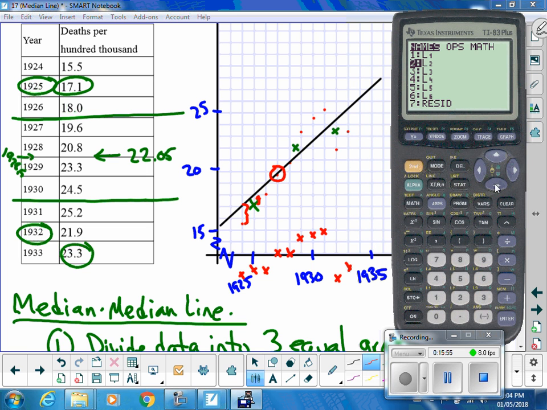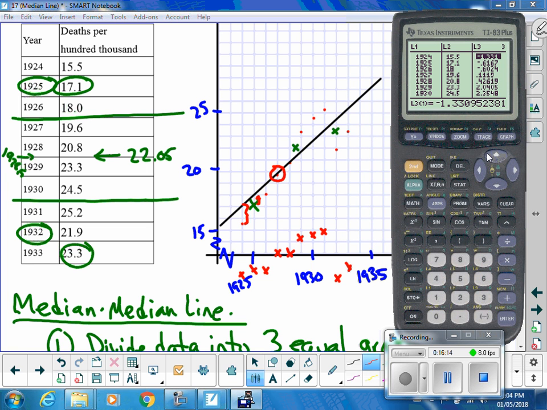You see it says resid at the bottom here. It won't be there if you didn't do your line of best fit and store it. But there's resid. I press enter, and it gives me all my residual values. Below, below, below, pretty much on, and so on.